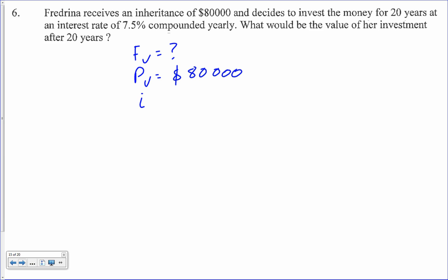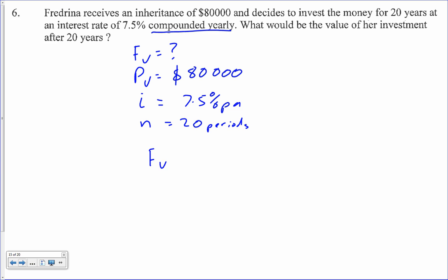Our interest rate is 7.5% per annum. Luckily enough, we're compounded yearly, so we don't have to do any changes there. And our number of periods is 20 years. We've got 20 periods because 1 year is 1 period.